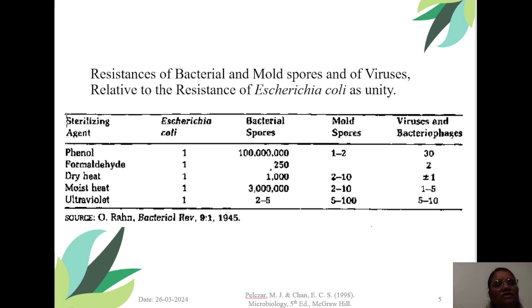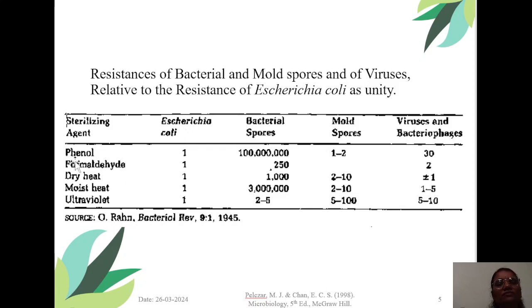This is a table taken again from one of the reference books, in which they have tried to show that different forms of the organism will show variable resistance against the same chemical or physical agent.